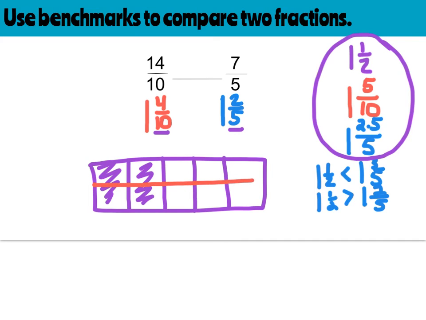I can divide that there. So, what I just realized is that the 2 fifths I started with, when I decompose it, I now have 1, 2, 3, 4 tenth size pieces.